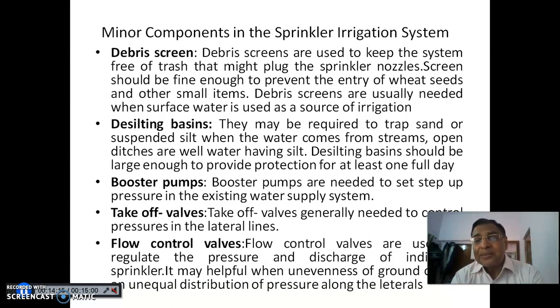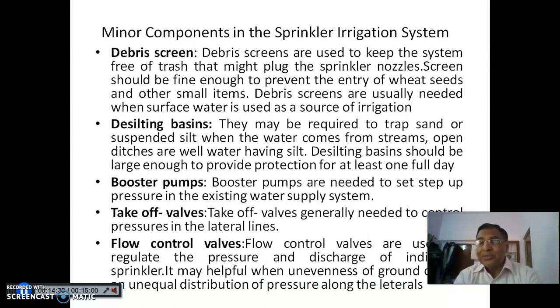Then booster pumps. Booster pumps are needed to set up pressure in the existing water supply system. Sometimes when the sprinkler system is large, you need more than one pump. That means at the middle of the system, one more booster pump is needed to keep up the pressures. Similarly, takeoff valves are generally needed to control pressures in the lateral lines. Okay. Then flow control valves.